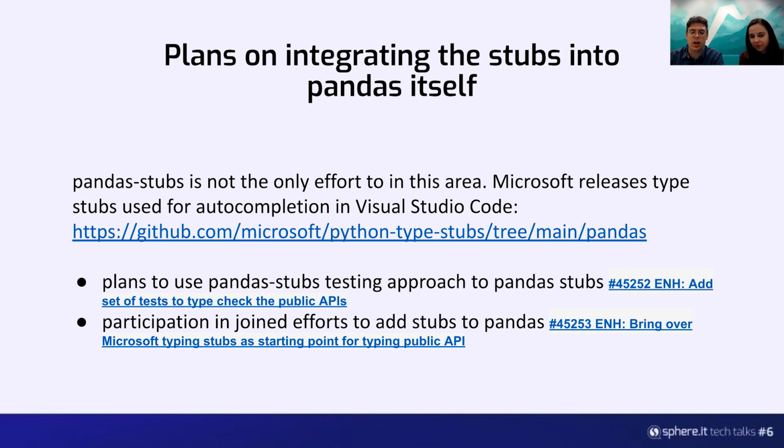That's also the reason why, together with Microsoft and the pandas team, we made some plans to include both our work and Microsoft's work into pandas itself, by using most of, if not all of, the Microsoft type stubs, perhaps with fixes from our side, we'll see, and all of the testing we are doing on the stubs themselves, so all of our snippet tests.